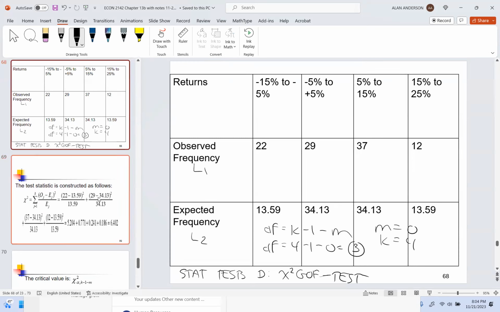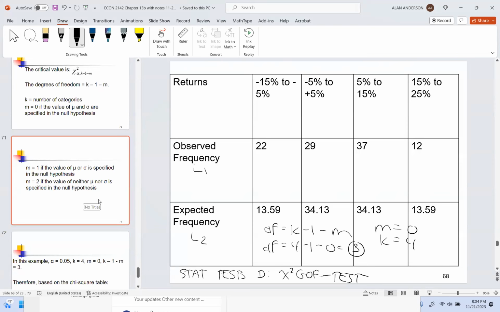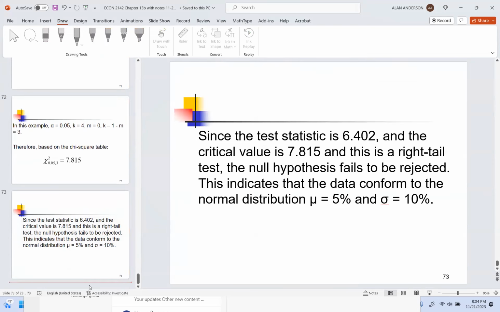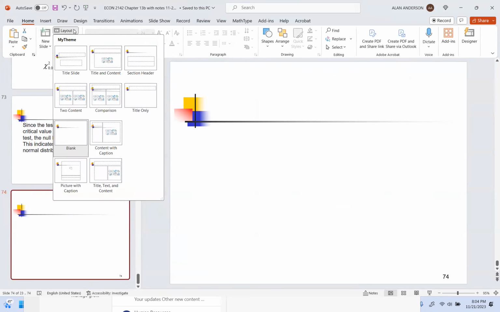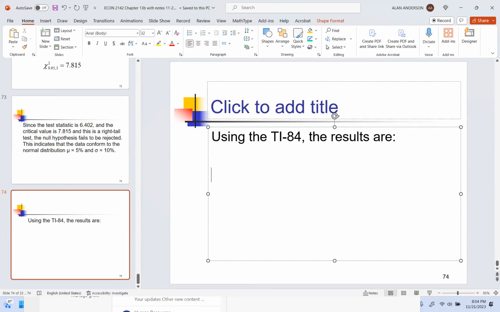But if you run the test, you'll see that at the end, using the TI-84, results are... and so if you do actually run through it, you'll see that your test statistic is about 6.402.